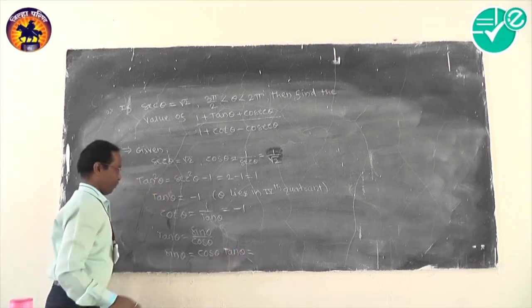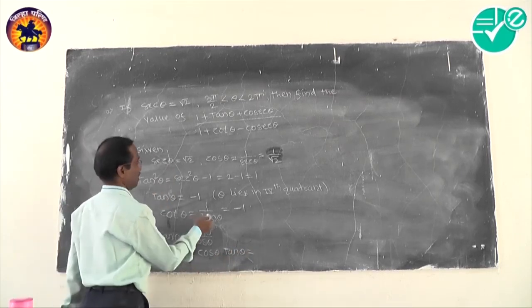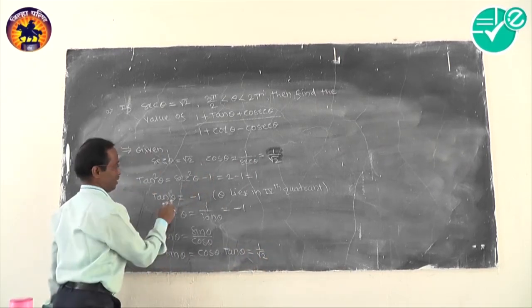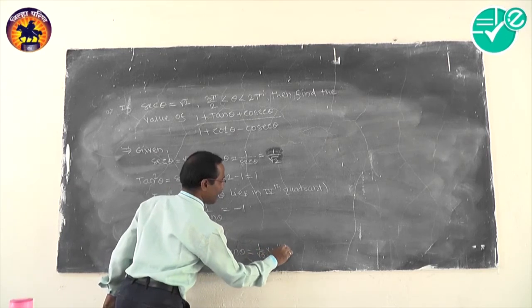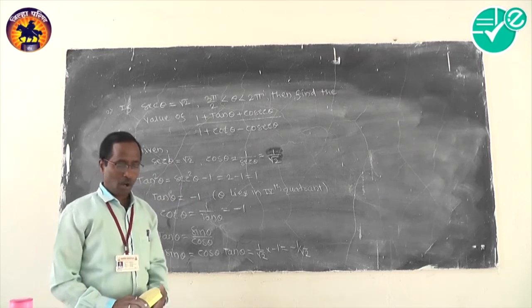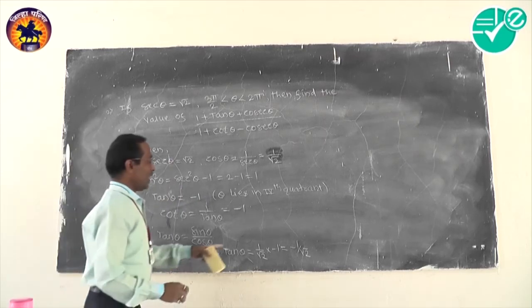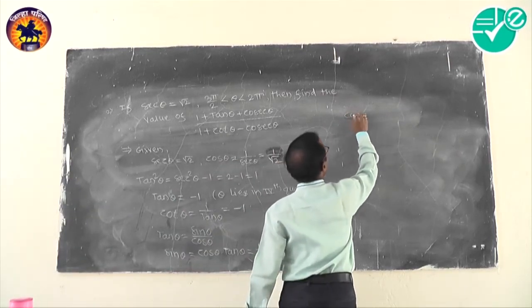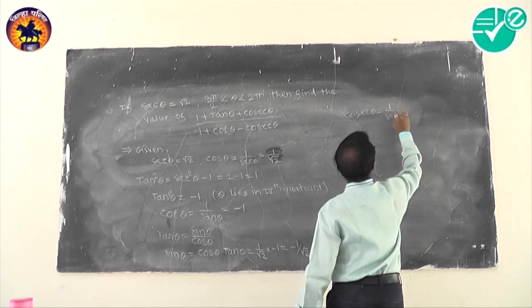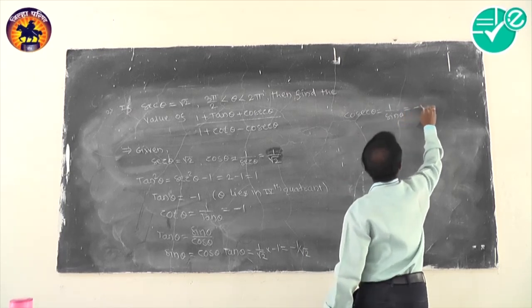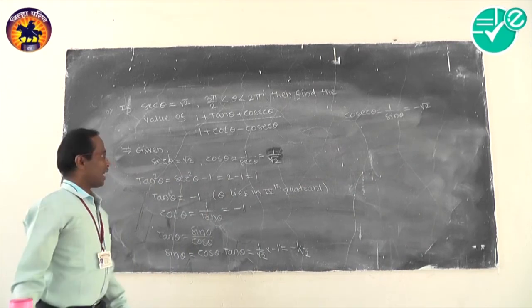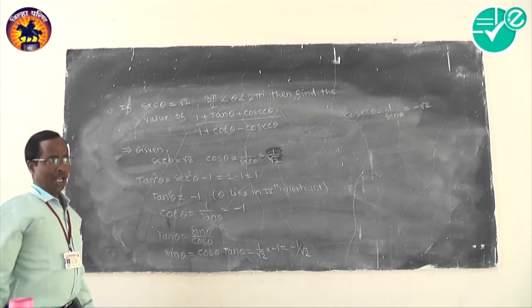Cos theta is 1 by root 2 and tan theta is minus 1, so we get minus 1 by root 2. This is the value of sin theta. Then the value of cosec theta is equal to 1 by sin theta, which is minus root 2. These are the values of tan theta, cosec theta, sec theta and cot theta.